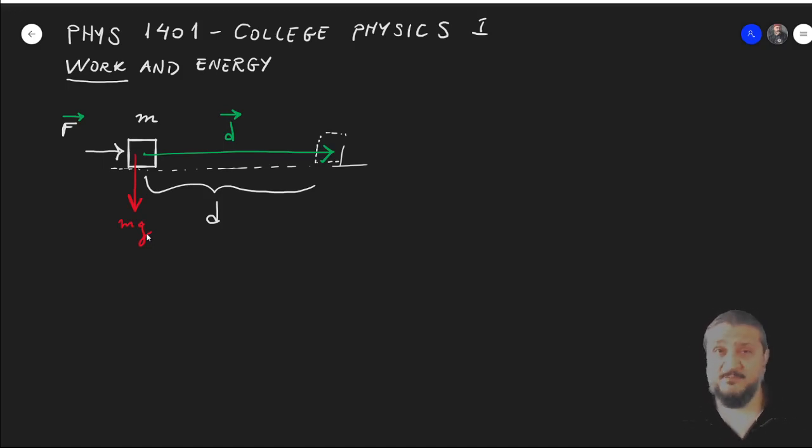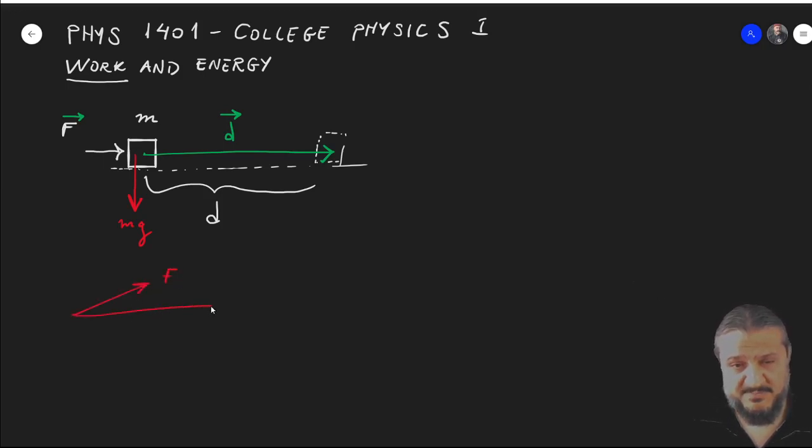So the work can be positive or negative, or it could be zero, as in the case of mg. It depends on the direction. So to arrive at a general formula, we have to consider also the angle between F and d. In general, this could be your force, and this could be your displacement vector.